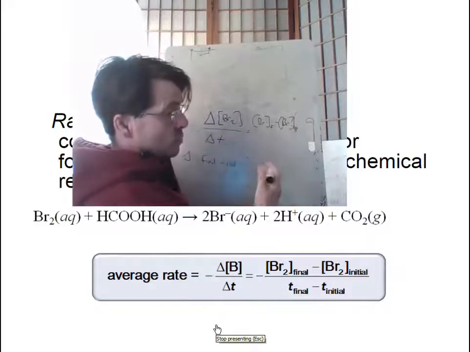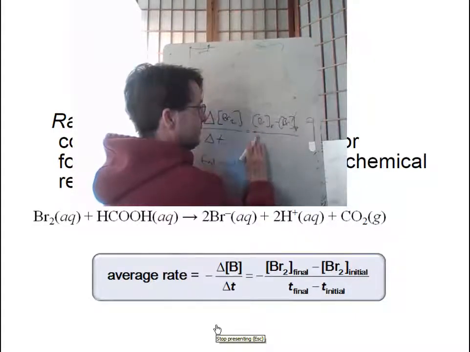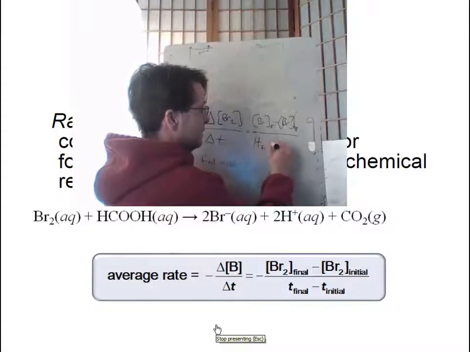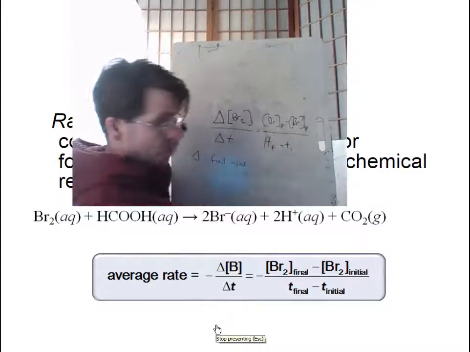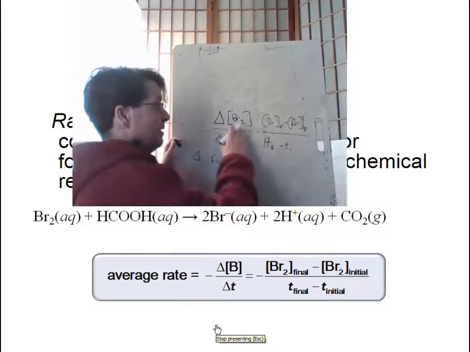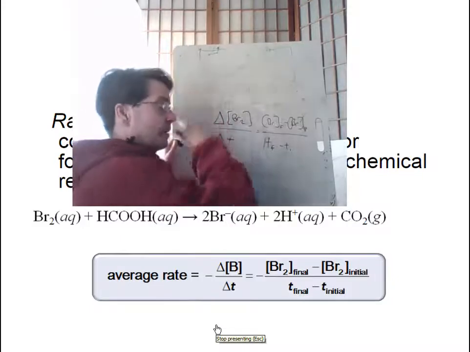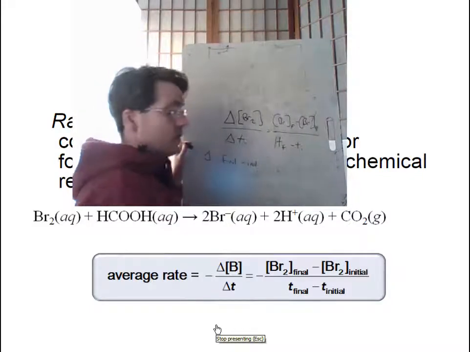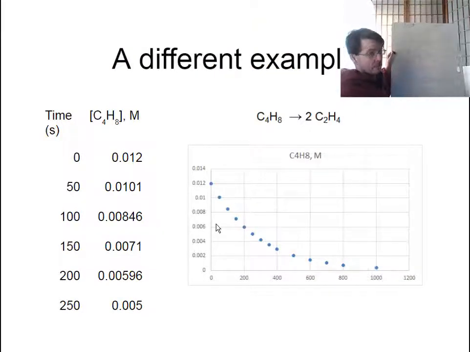These subscripts are to denote when. And then our time final minus time initial. Right? So this is a particularly easy way to do it. And that would give us the average of the bromine being consumed during that time interval. This is a hydrocarbon being broken down into other hydrocarbons.